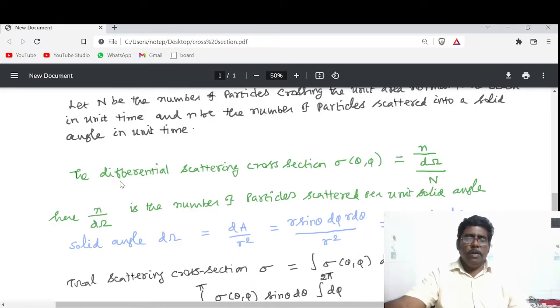Now we can say the differential scattering cross section sigma of theta comma phi, which is equal to small n divided by d omega, whole divided by capital N. This is the formula for differential scattering cross section.